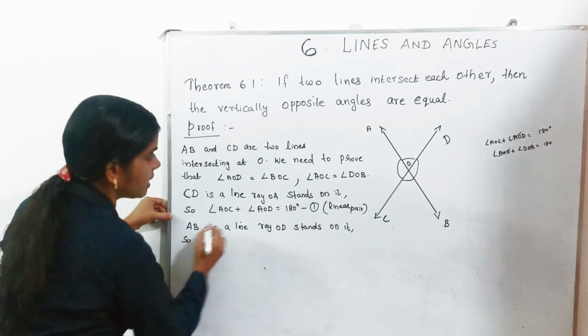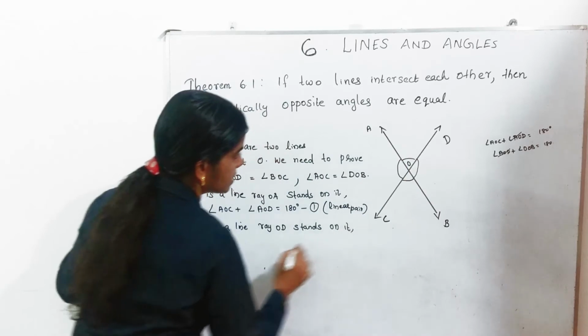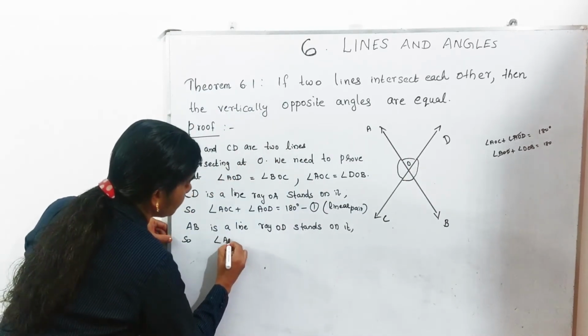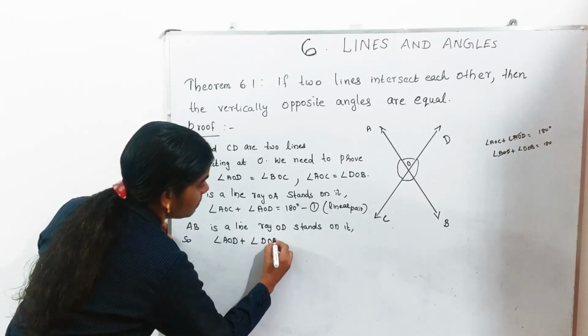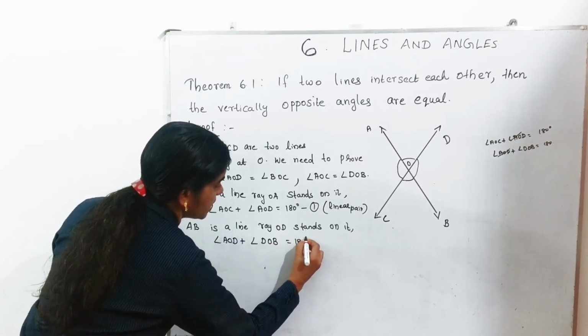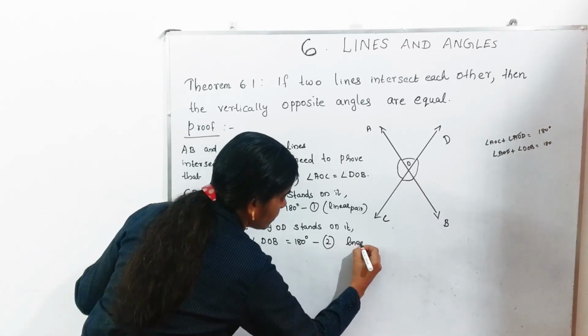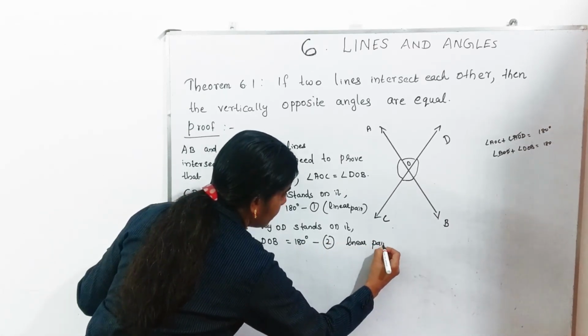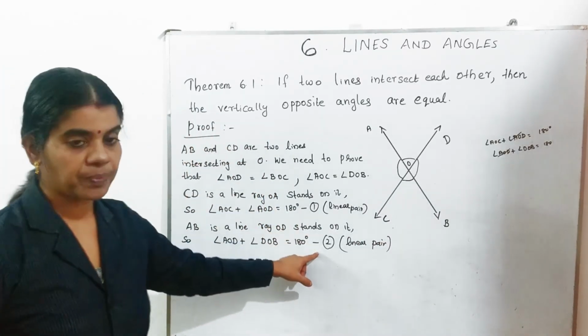Then what can we write? I took this OD. Then angle AOD plus angle DOB is equal to 180 degrees. You want to take that as equation number 2. What will be the reason? Linear pair. Then compare equations 1 and 2.